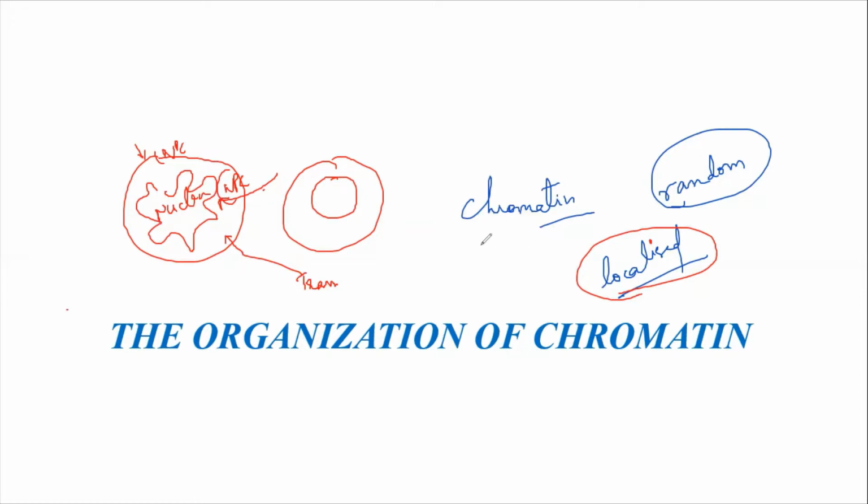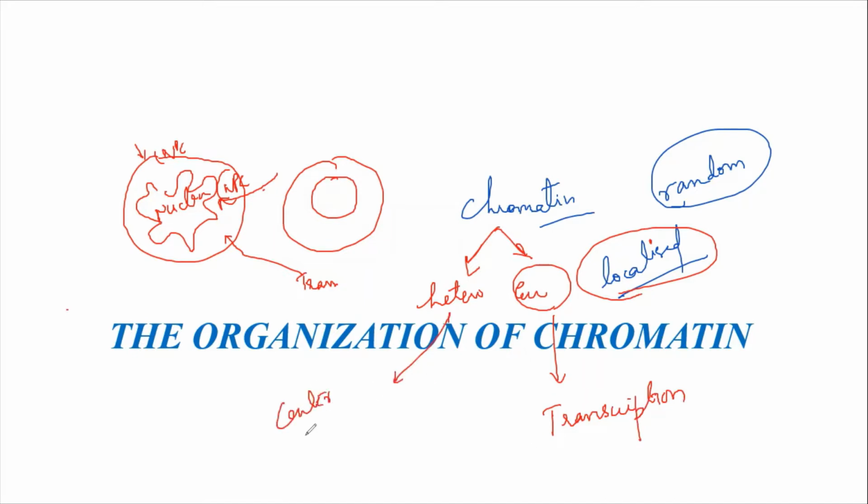Again, we know chromatin has two types: hetero and euchromatin. We know that euchromatin is the region where mainly your transcription takes place. Agree? And heterochromatin is where your centromere and telomere are present.